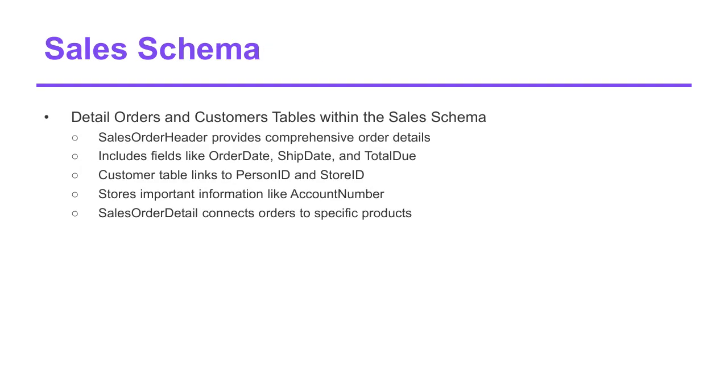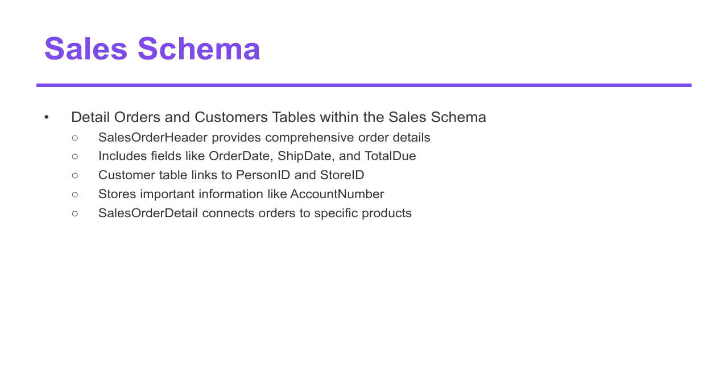In the sales schema, we focus on key tables that manage orders and customers. The sales order header table contains detailed information about each order, including important fields like order date, ship date, and total due, which helps us track when orders were placed, shipped, and the total amount owed.